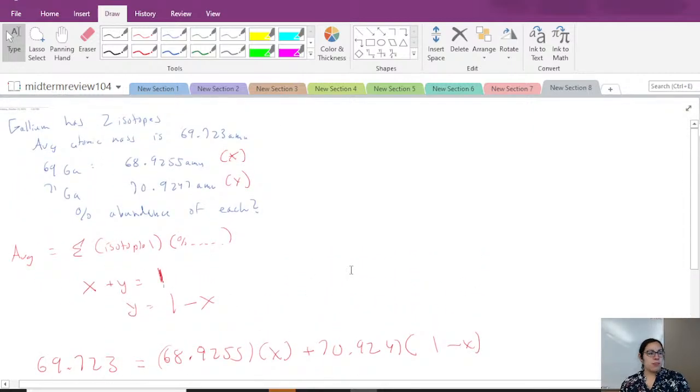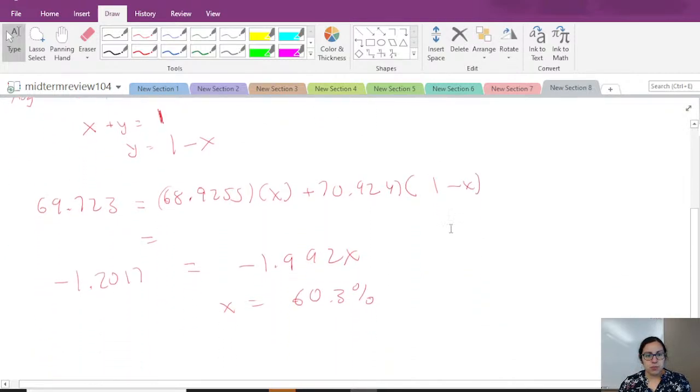That would be if you set the gallium-69 at a 60.3% abundance, leaving the other one at roughly 40%. I can go over that again or show the algebra.